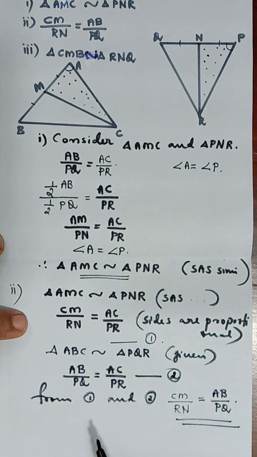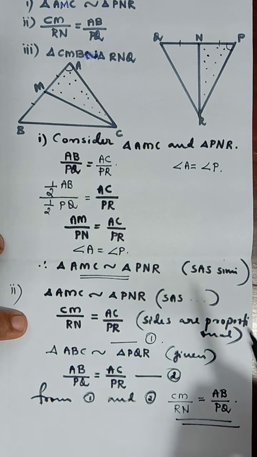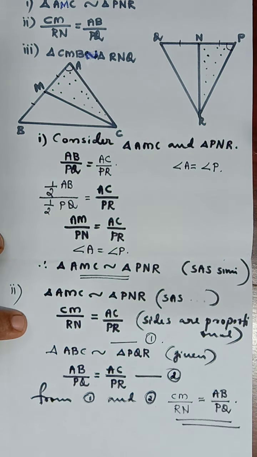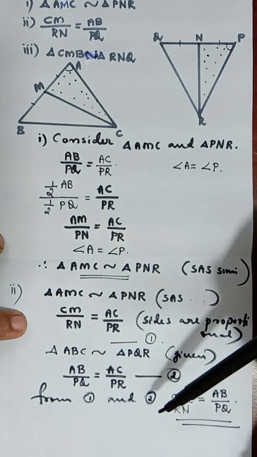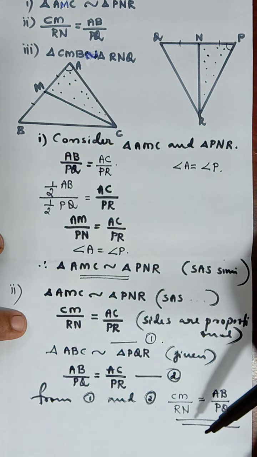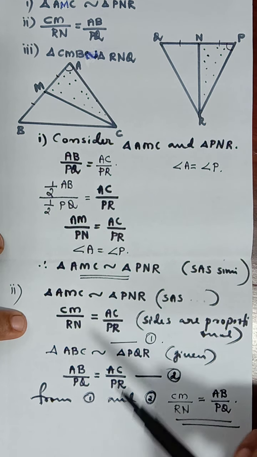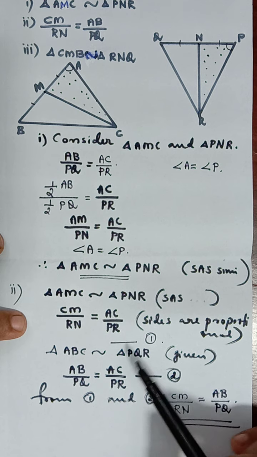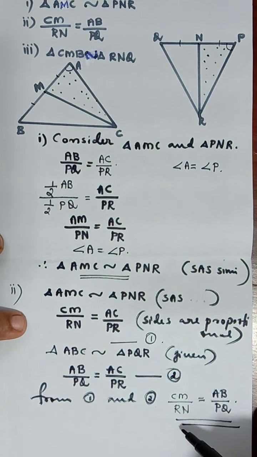You have to see the question first, which parts are to be proved and what is the similarity criterion. Then just match it and write. So you will be getting the answer. So from both the proportionalities, we can compare and write CM by RN is equal to AB by PQ.